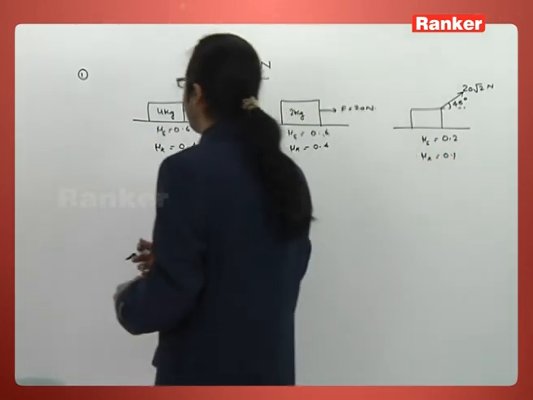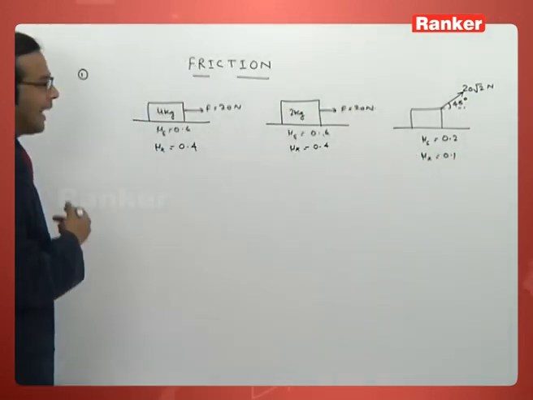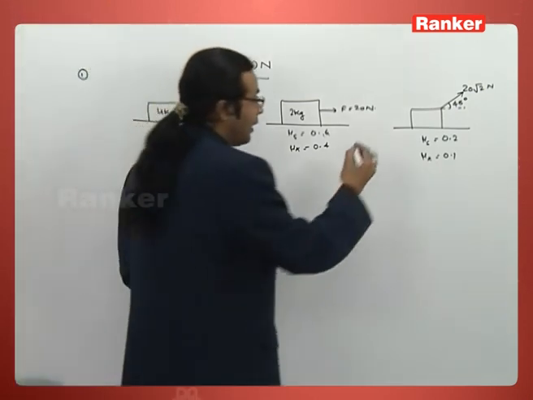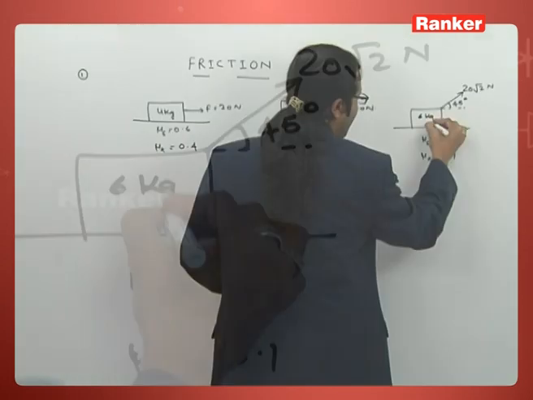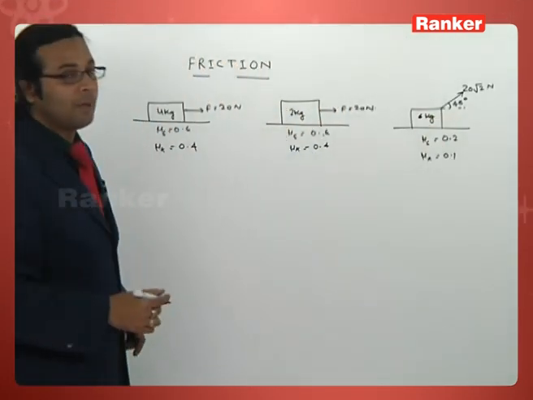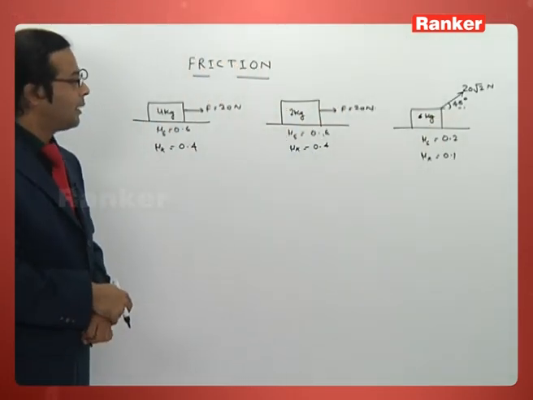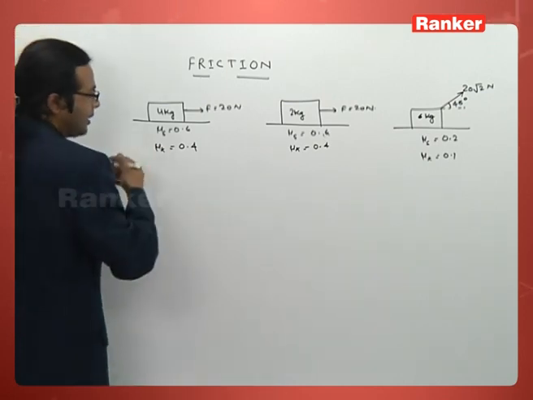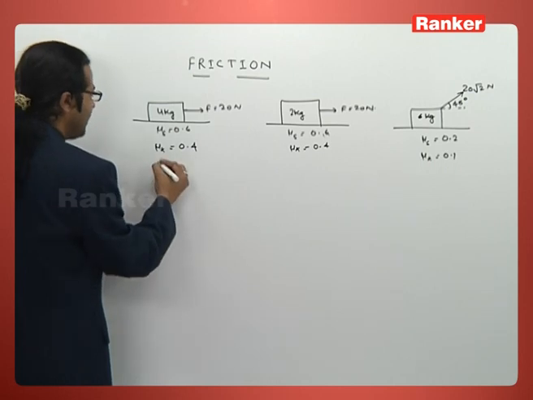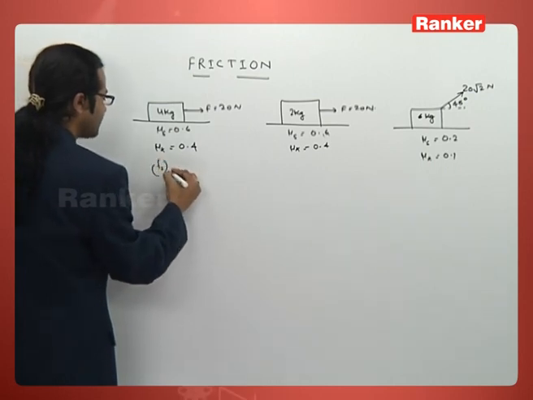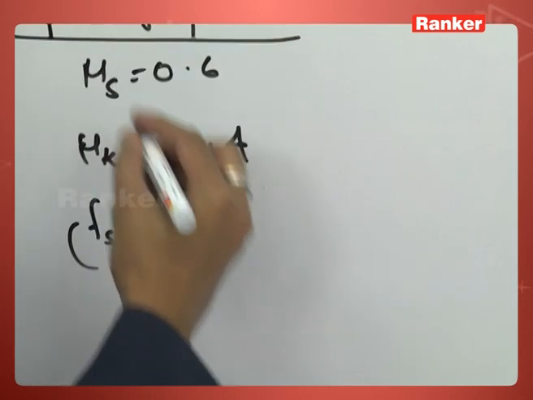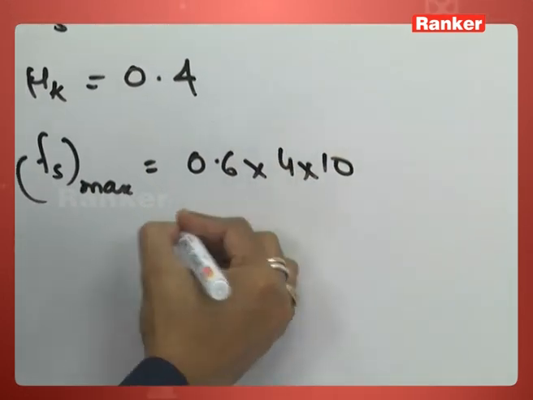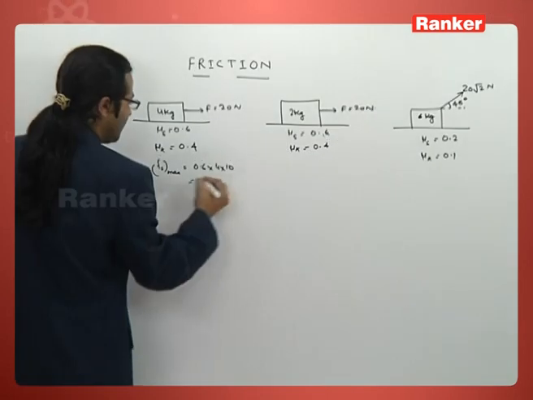Now already I have said, when the blocks are accelerating, the frictional force will be nothing but the kinetic frictional force. But before we know whether they are accelerating or not, let us calculate, in all 3 cases, Fs max. Fs max is 0.6 into 4 into 10, that is 24 Newton.